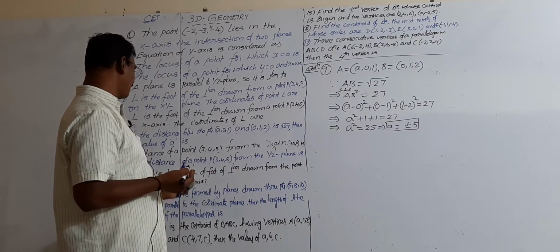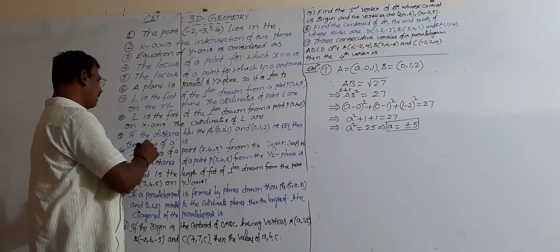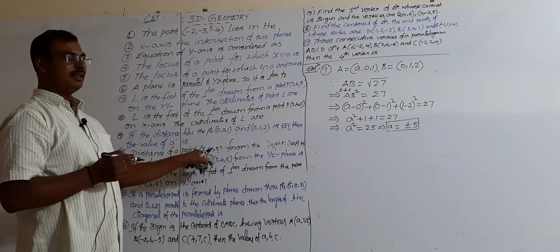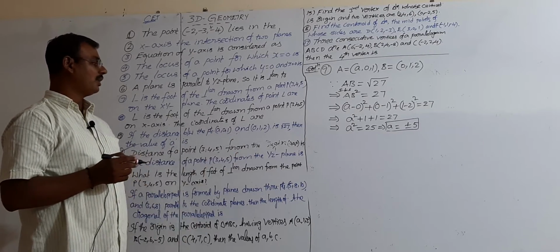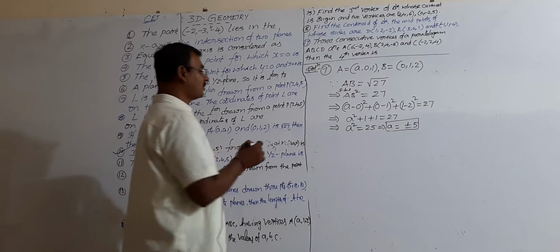Now, going to question number 10. The 10th question is, the distance of the point (3, 4, 5) from the origin. What is the distance?